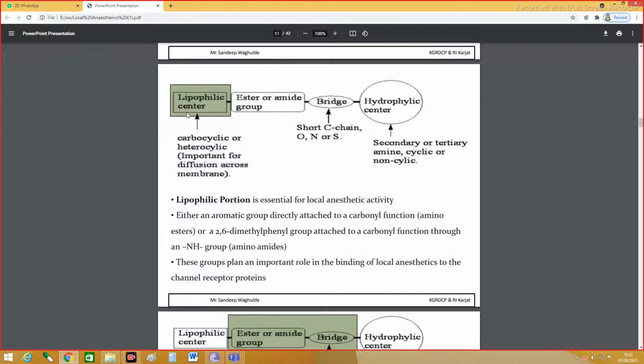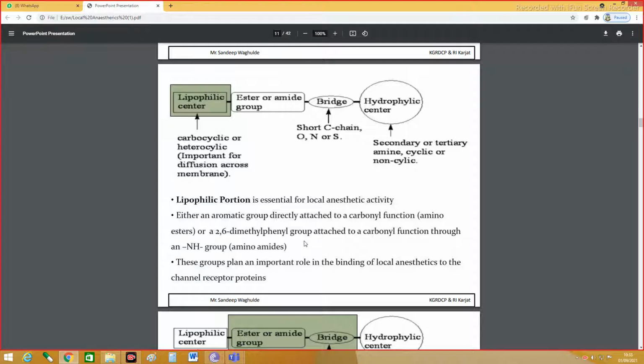The lipophilic portion is essential for the local anesthetic activity, as either an aromatic group directly attached to a carbonyl function, that is amino ester, or it can be a 2,6-dimethylphenyl group which is attached to a carbonyl function group through an NH group, that is amino amide. These groups play an important role in binding of local anesthetic to channel receptor proteins.